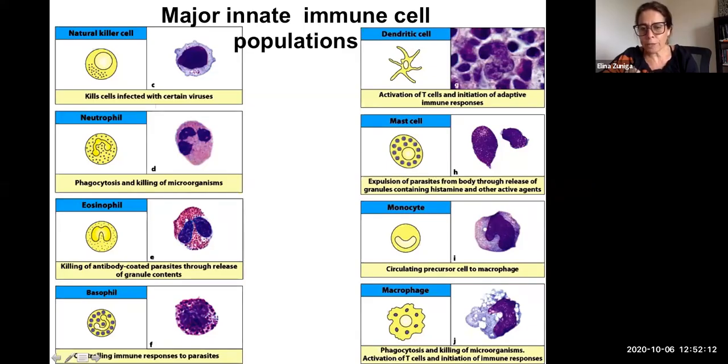With less efficiency than the dendritic cells, macrophages have also been shown to activate T cells, and they can help initiate the adaptive immune responses. So the dendritic cells are the most professional and powerful antigen presenting cells, essential to initiate adaptive immune responses, but the macrophages are also antigen presenting cells and can also help initiate adaptive immune responses, particularly T cell responses.